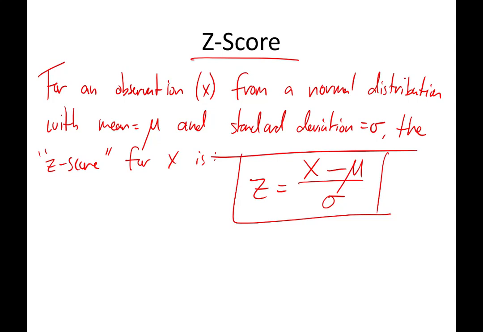And then what a z-score does, okay, is for each observation, it measures how many standard deviations above or below average an observation is.